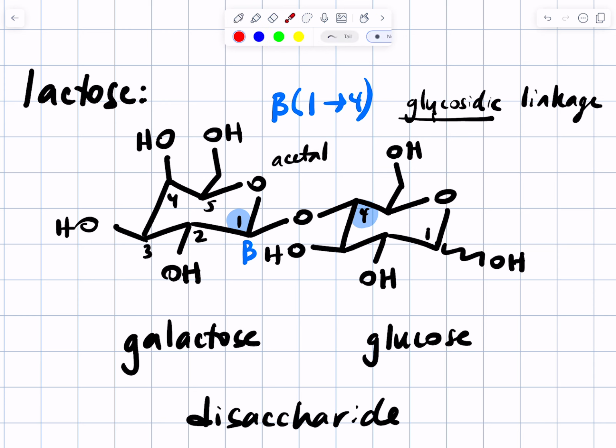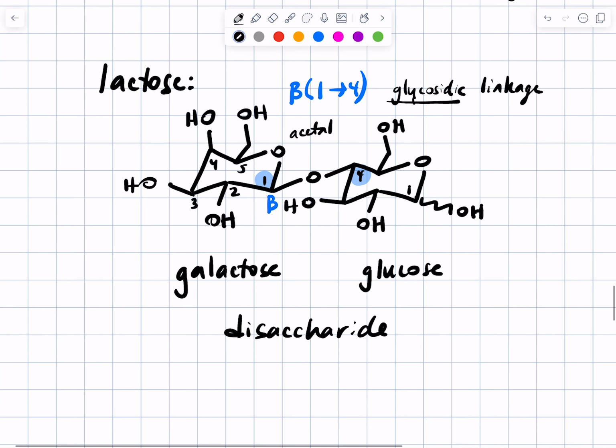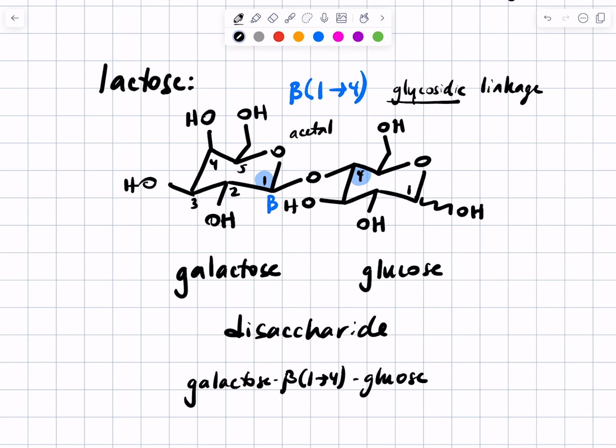The anomeric carbon of the acetal is carbon 1, and it's got beta 1,4. So if I told you that lactose is the beta 1,4 connection of galactose on the left and glucose on the right, you could draw that structure unambiguously. Okay?